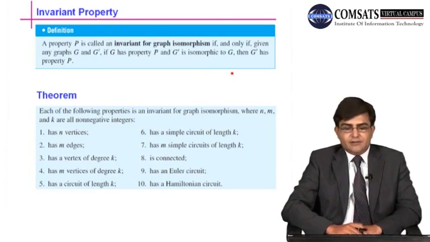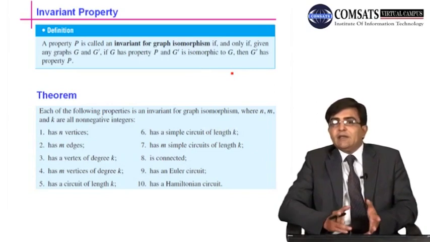Next is an invariant property in graph isomorphisms. A property P is called an invariant for graph isomorphism if and only if, given any two graphs G and G dash, if G has property P and G dash is isomorphic to G, then G dash also has property P. Now what is this property P?